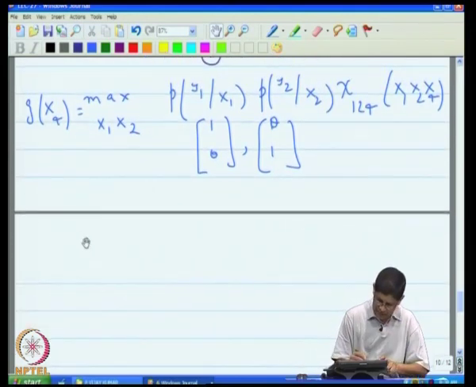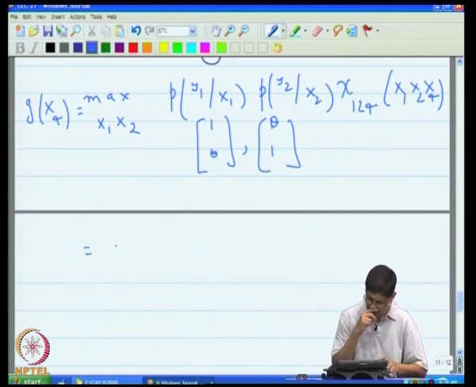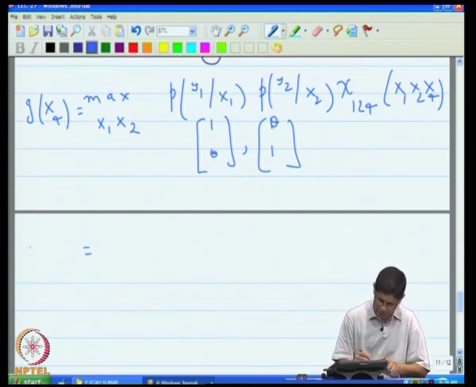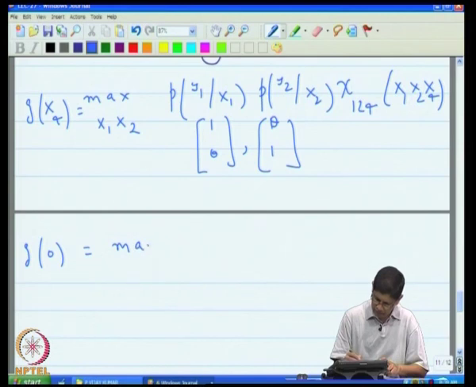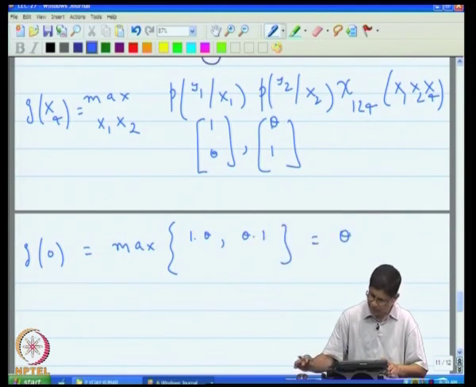So, you will actually end up taking, in this case, the max of, so g of 0 therefore is the max between 1 times theta and theta times 1, which is theta.